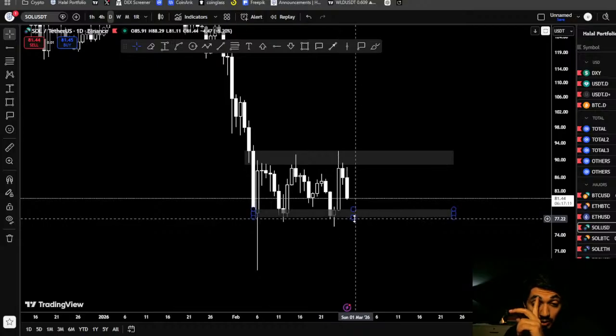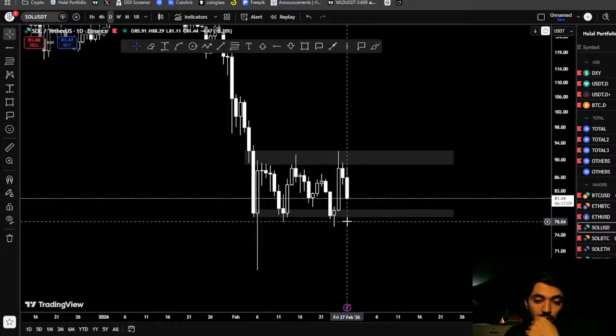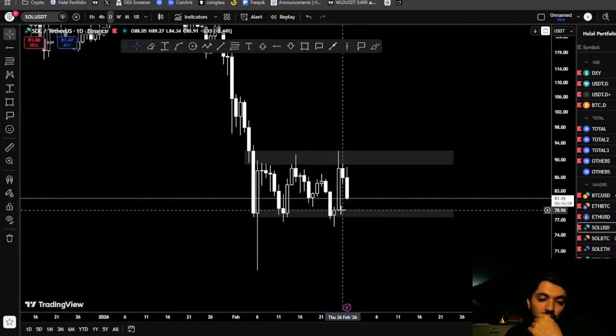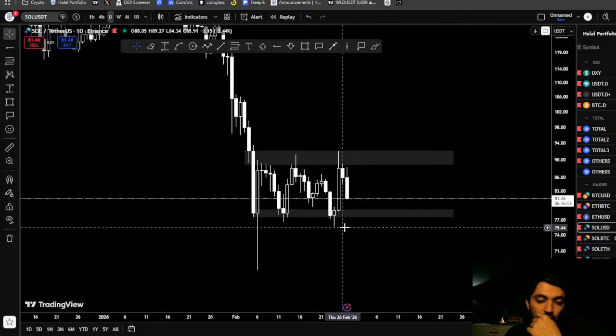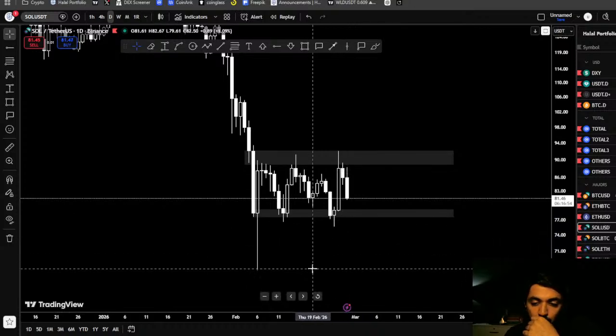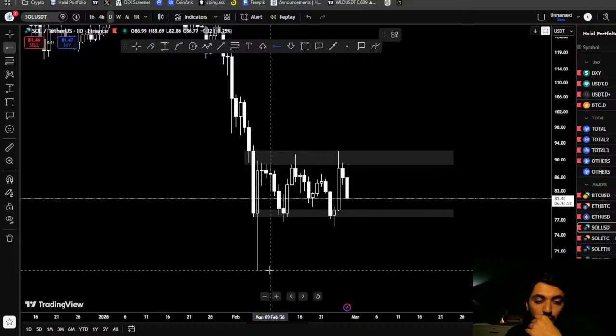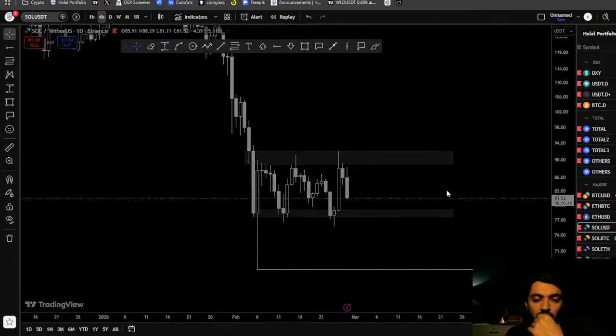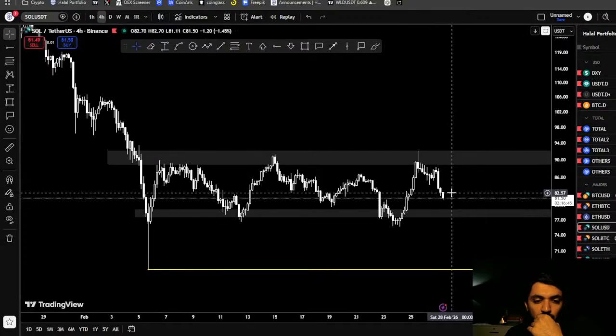If it comes there, it would be a great buy instead of entering around, like, 79. Not even 80. 80 is a little bit higher. Well, let's see if this holds. Otherwise, if this is broken, I'll look for this wick. That's the only thing that I can see at the moment in this chart.